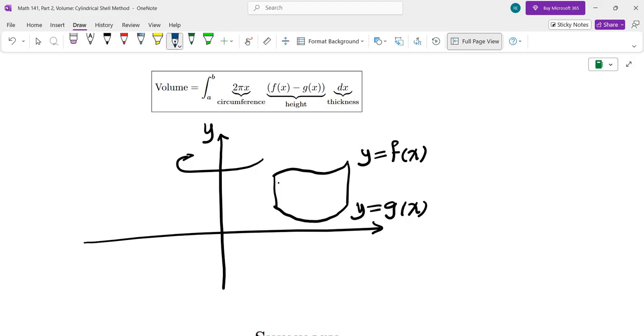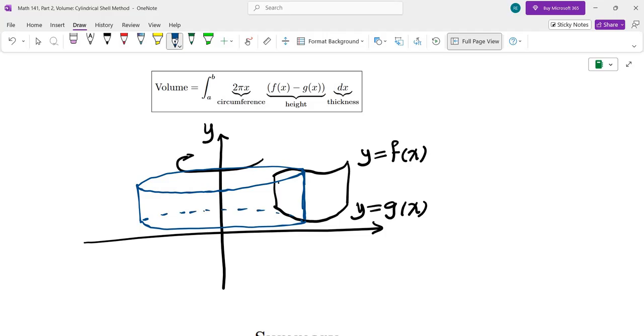I can evaluate the volume using circumference, height, thickness. So let's see where the circumference, height, thickness is. I'm going to look at a sample cylindrical shell. So one of these shells looks like this. So we have to look at the circumference, thickness, and height.